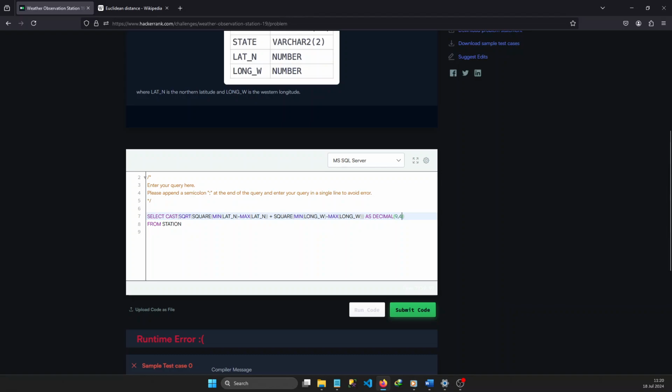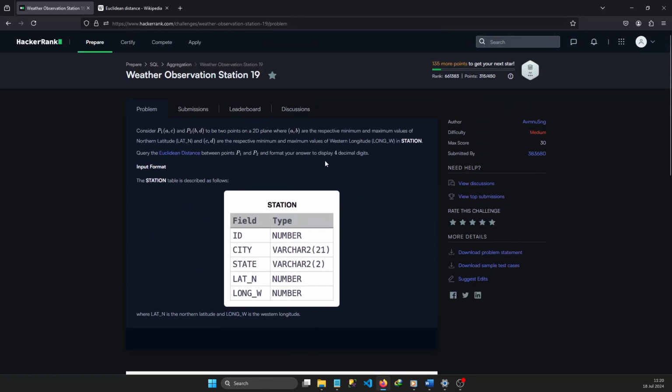DECIMAL(9,4) means that there can be up to 9 digits before the period. You see this 4 here? That's the magic one. The comma 4 means that there can be 4 digits after the period, which is required in the problem statement.